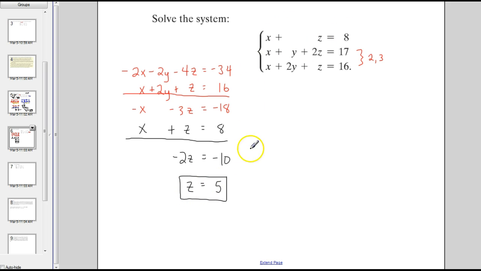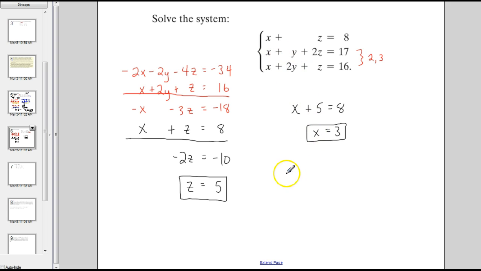Alright, and then I know z is equal to 5, x plus z equals 8. So x plus 5 equals 8. Subtract 5 from both sides, that gives me x is equal to 3. So now I know 2 of the 3, and then I can just plug into either one of these other two and come up with y.